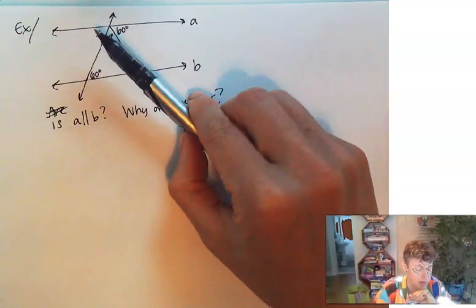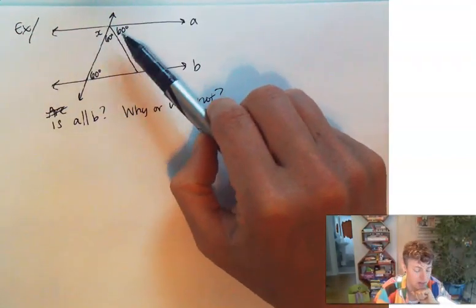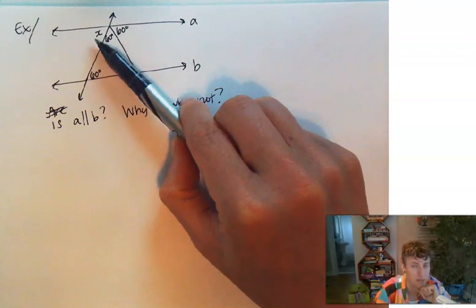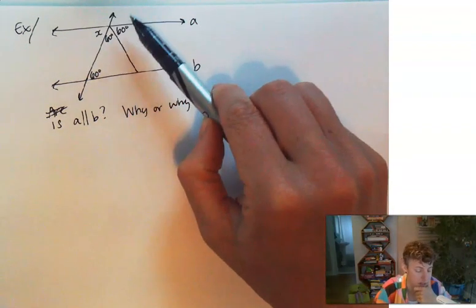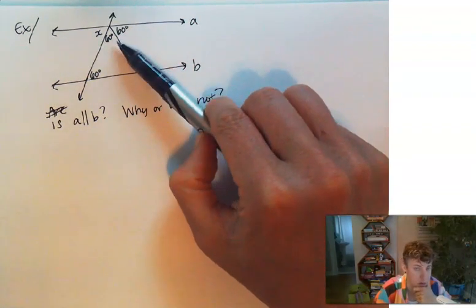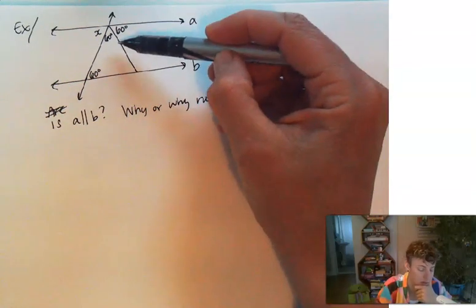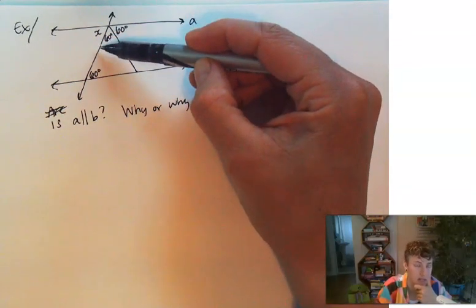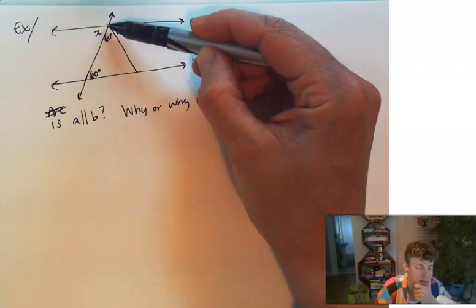To figure that out, let's look just at these angles up here at the top. So we have a 60-degree angle here, a 60-degree angle right next to it that's adjacent, and this angle x.